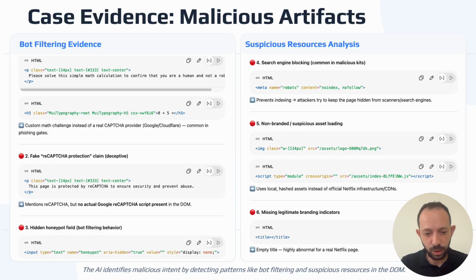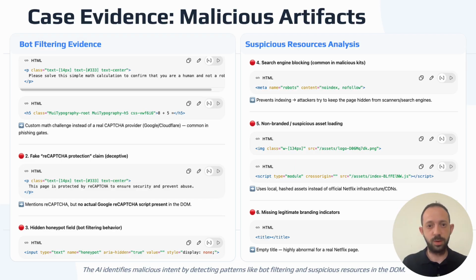And if I can conclude all the artifacts that we have seen, none of them by itself is very, very malicious. However, when I consider all the artifacts together, I can definitely say that this is a malicious domain, and I can definitely flag it as a malicious Netflix phishing domain.